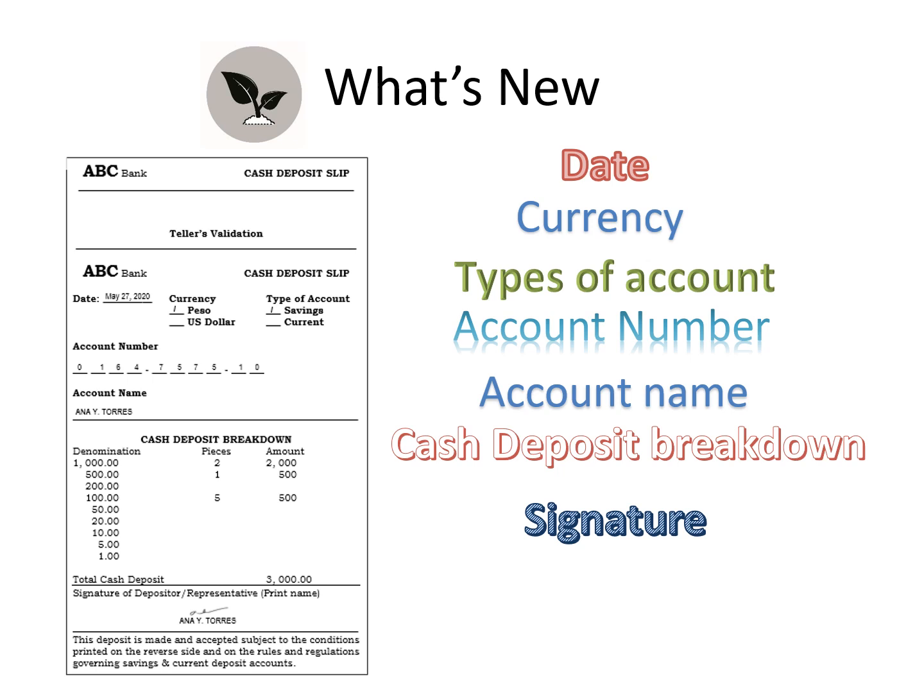Okay, so remember, the informations you are filling out in a cash deposit slip are date, currency, types of account, account name, account number, cash deposit breakdown, and the signature. So remember, ang signature ay napakahalaga. Dapat iisa lang ang ginagamit mong specimen kapag ikaw ay nagbibigay ng signature.